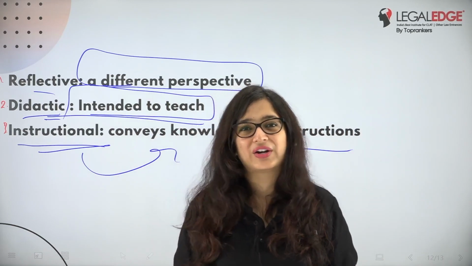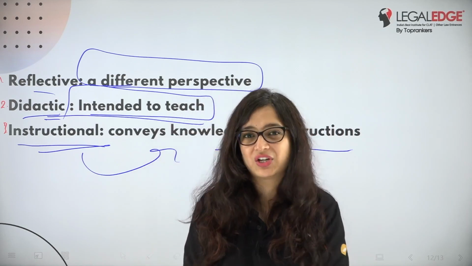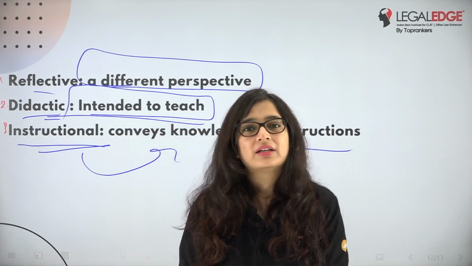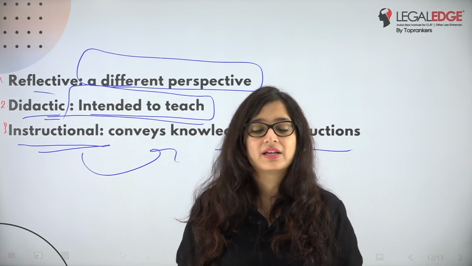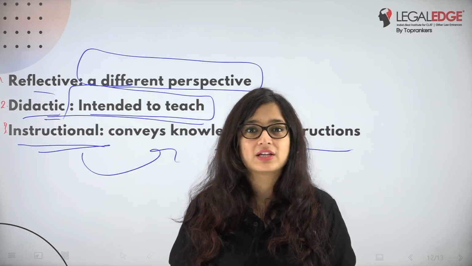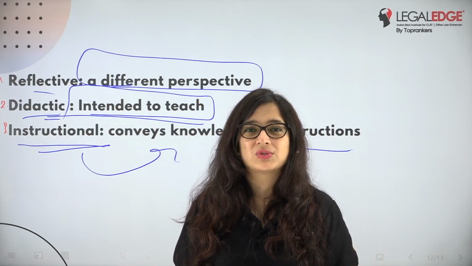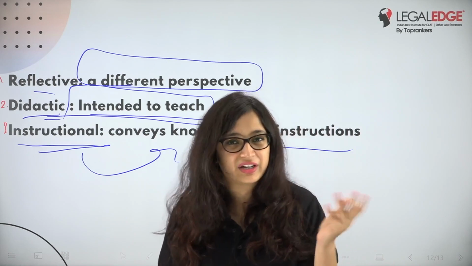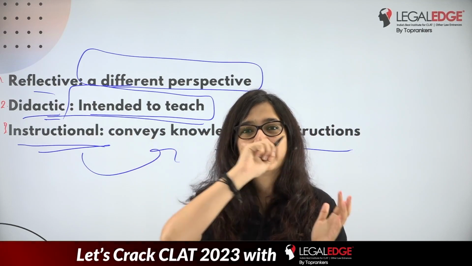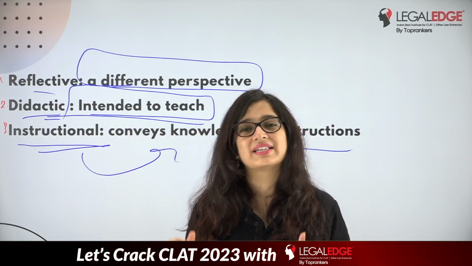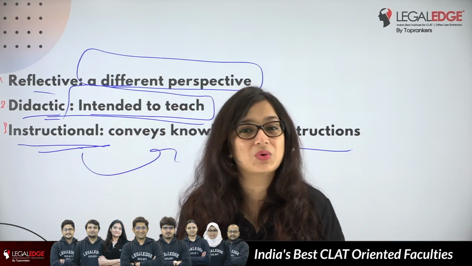Any of your books that you might have read of science or any other subject, which are instructional, कि आपको instructions दिए जाते हैं कि ये ऐसे होता है, then this happens. जैसे कि even social science की जो books होती हैं जिसमें democracy और bureaucracy में difference होता है, then there is talk about federalism and socialism. So it is giving you an idea, an explanation, a definition, an example, application. So it is instructional. It is conveying you a subject matter.